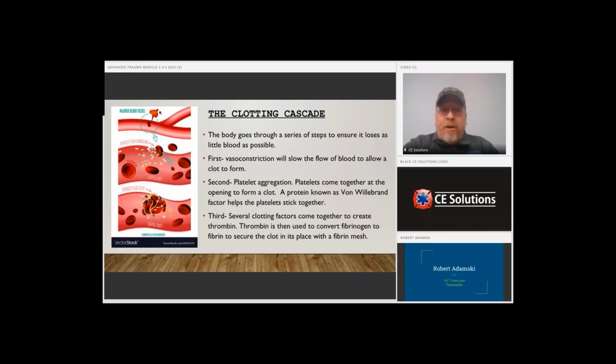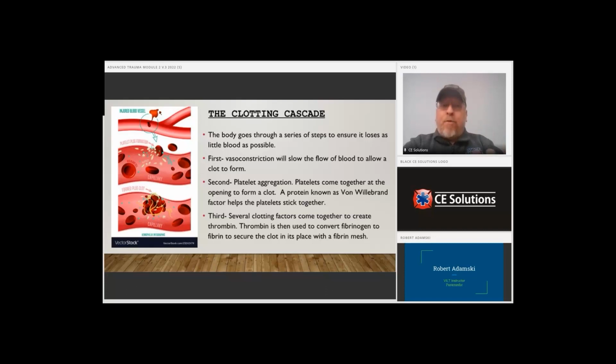Now, it should be noted with the clotting cascade, with all those proteins and enzymes, some of the important ones, we have the protein thrombin. The reason thrombin is important is that it converts the inactive form, which is called fibrinogen, into the active form, which is fibrin.